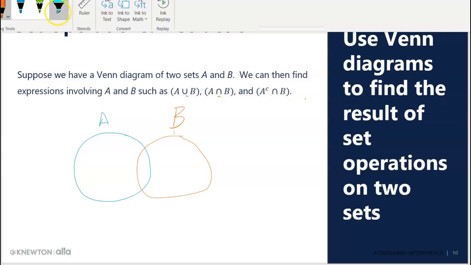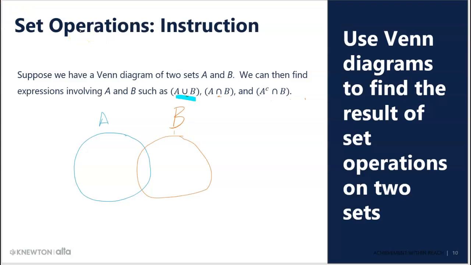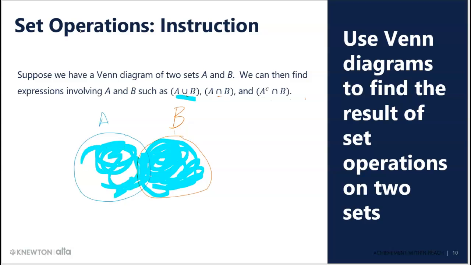What if I want to represent A in union with B? I'm going to shade in everything that's A in union with B. So it's everything that's in B, this whole area in this red circle, along with including the intersection, so everything that's in A. So A in union with B will look like this on a Venn diagram.